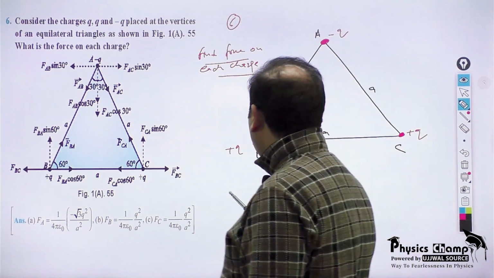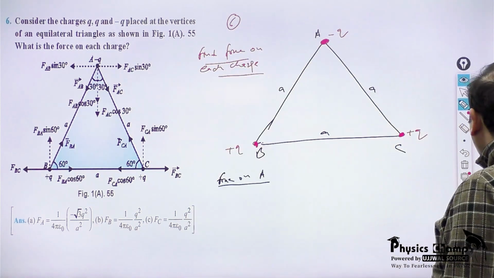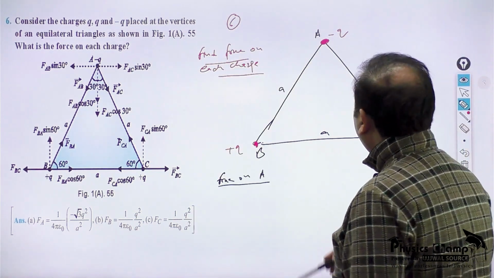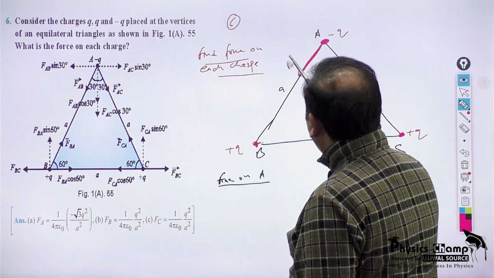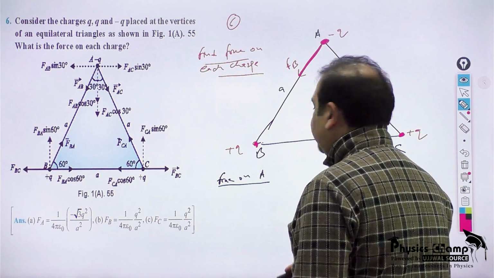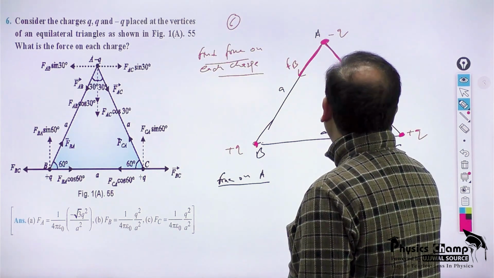So let's talk first about force on A. If I talk about force on A, there is going to be an attraction force here by B, FB, and similarly there is going to be an attraction force by C, FC.